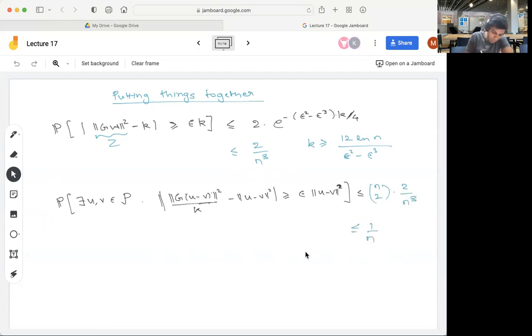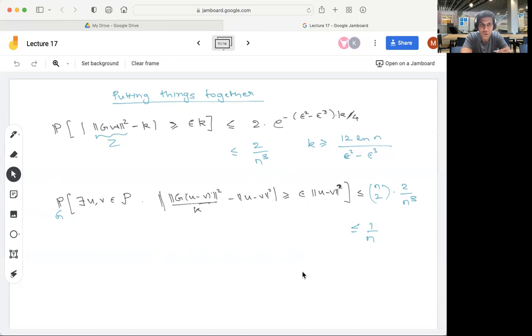So the probability over the choice of G, or equivalently the linear transformation phi, that there is any pair of points in our data set for which the distances are not preserved, is at most 1 over n. So with probability at least 1 minus 1 over n over the choice of G, G is such that distances are preserved for all pairs of points. And so this is a good G. We found it with probability approaching 1, so just picking a random one will be good enough to show that it exists.